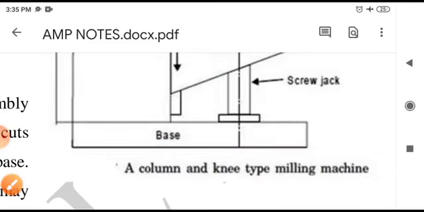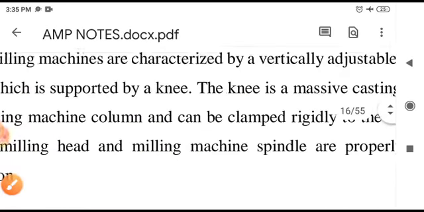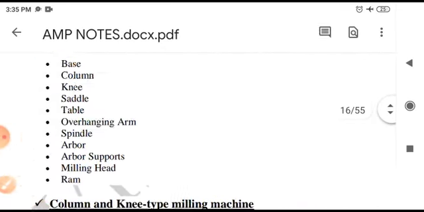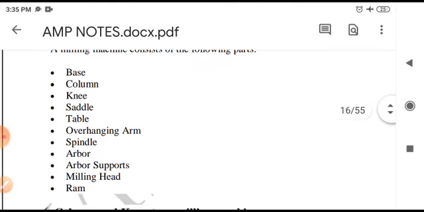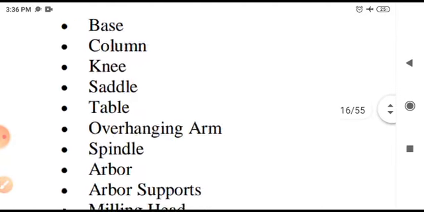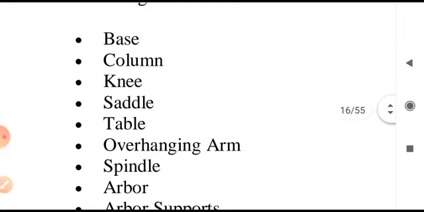Let's come to the point. Now let's see one by one. Base. What was the base? The base is the supportive structure, it supports all this structure of this milling machine. Then column, it is a box-shaped casting.